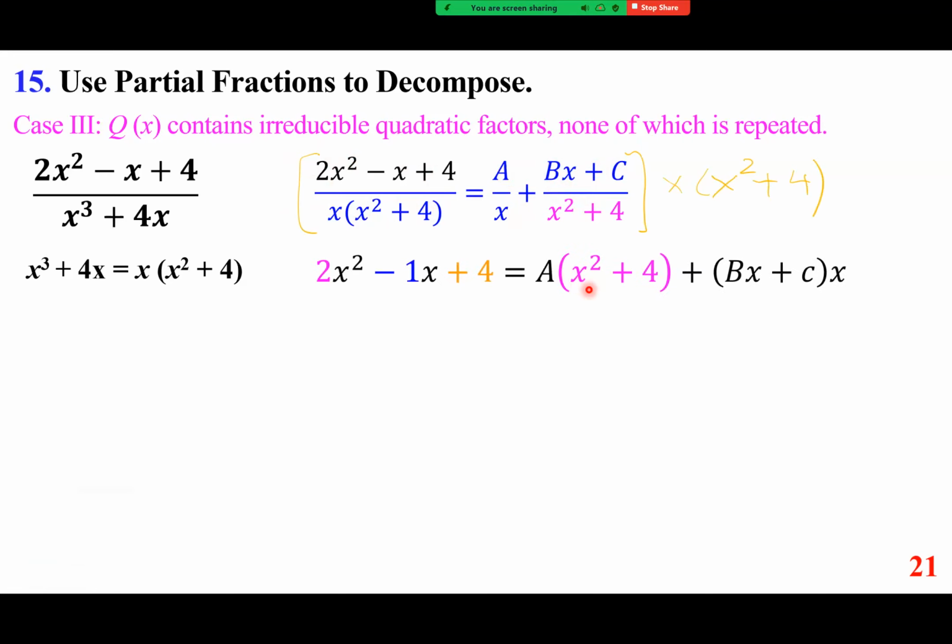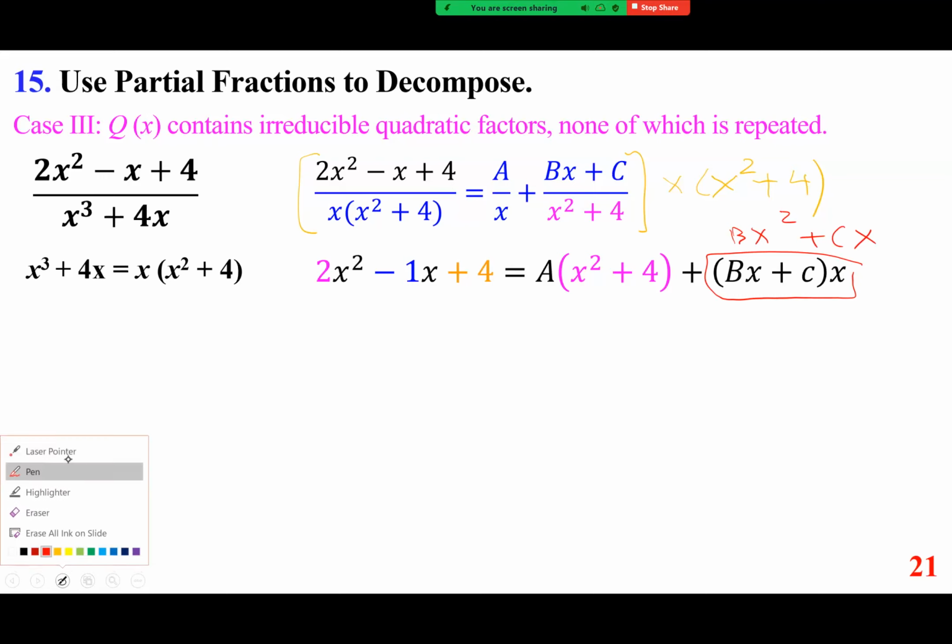Now, if we concentrate on x squared, this is bx squared plus cx. So a times x squared, bx squared.